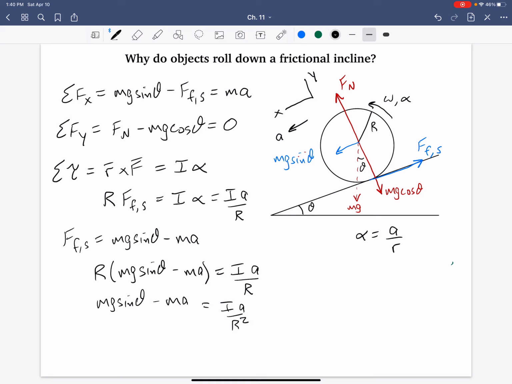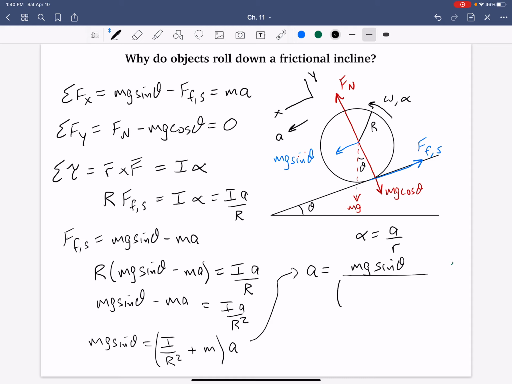Bring the MA term to the right side. Equals I. And I'm going to factor out the mass as well. Equals A. Now we can solve for a final expression for the acceleration of the ball. So we have mg sine of theta all over this weird denominator term.